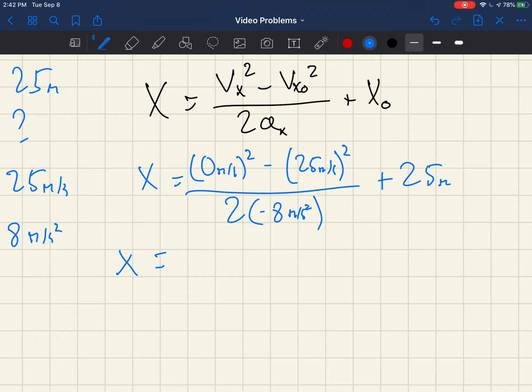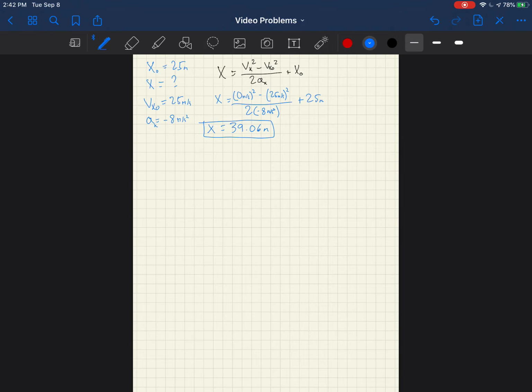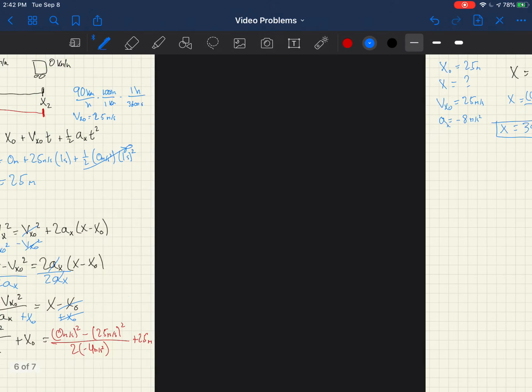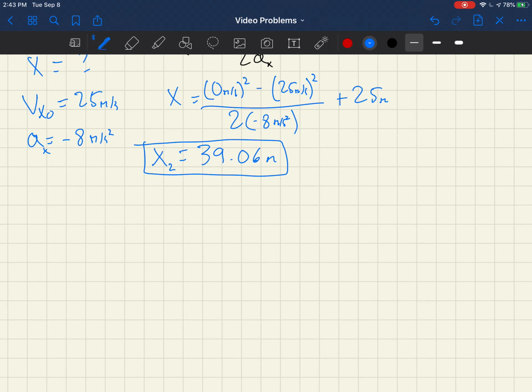Okay, and I plug in my equation and I see 25 squared is still 625 divided by 16 now, and I get 39.06 meters. Okay, so with twice the deceleration, I get half the distance. All right, makes sense.